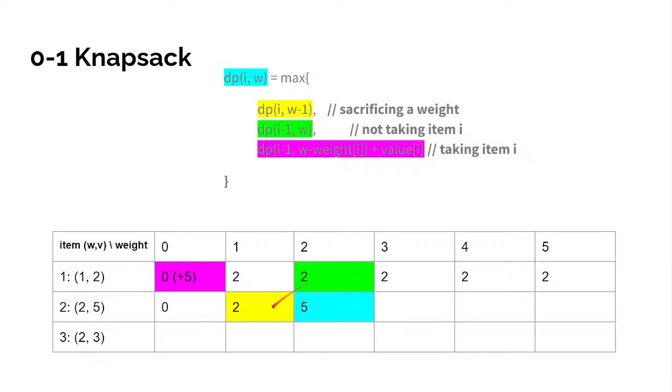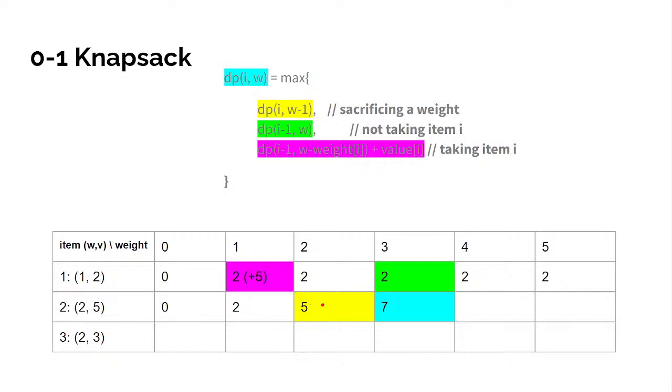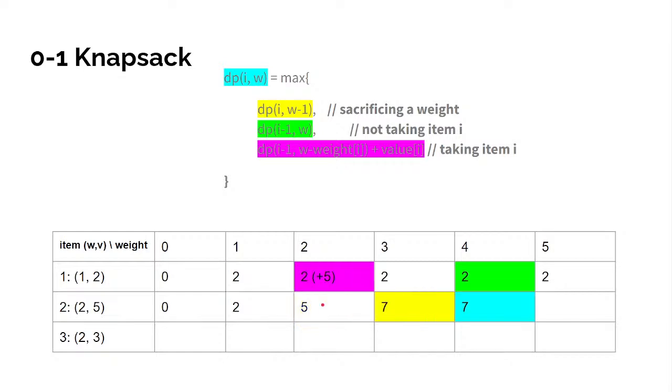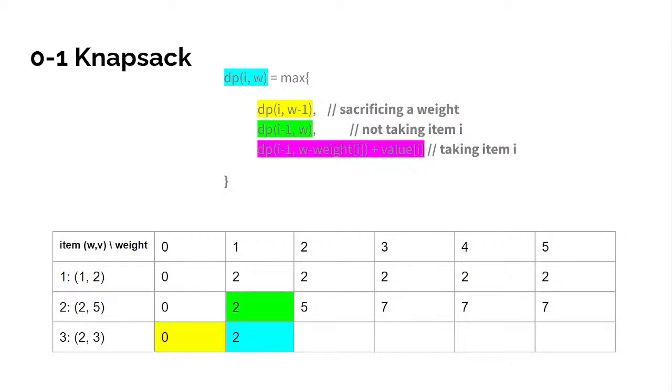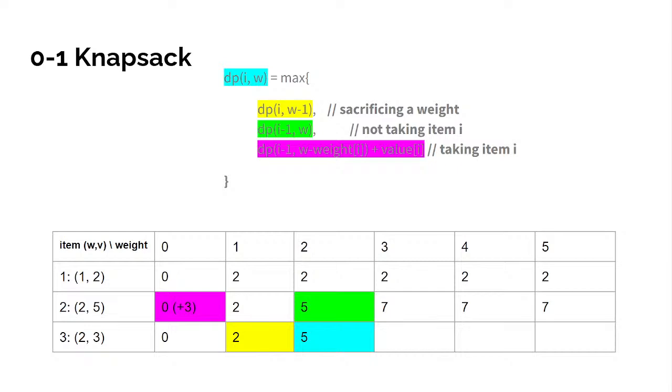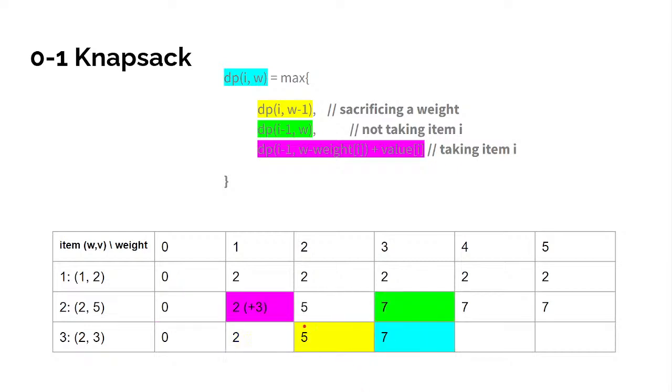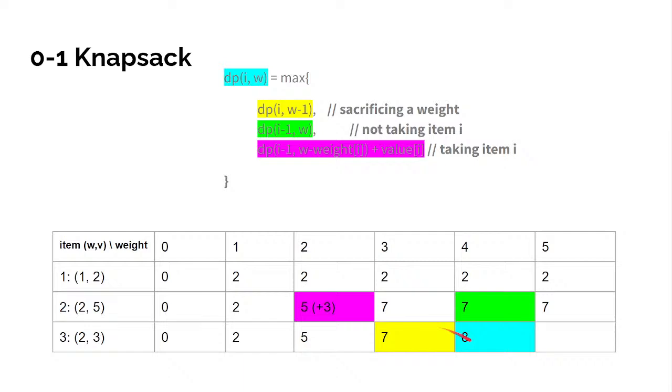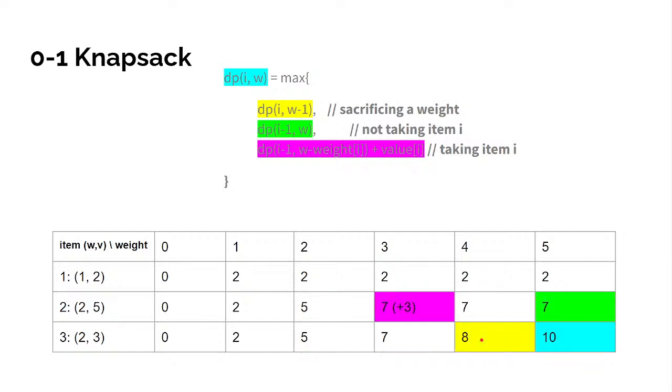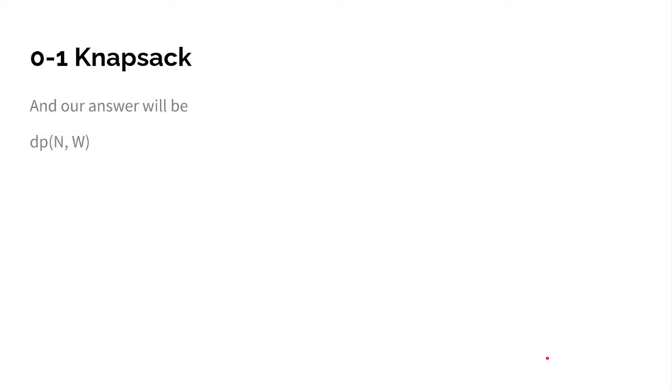You can either take coin 5, or get rid of coin 1 and go for coin 2, or stay loyal to coin 1, so it's 5, then 7, because now you can store both coins 1 and 2. Then you realize it's not optimal to get rid of stuff, and from here onwards you can take every single coin. Basically, our answer will be dp of n, w.